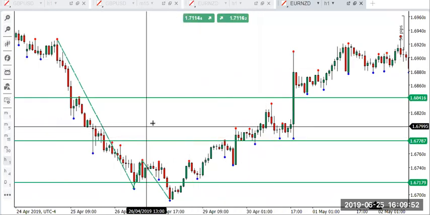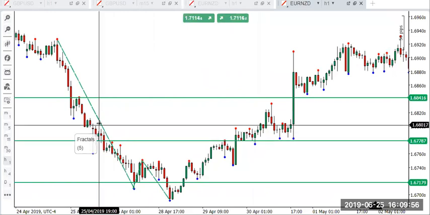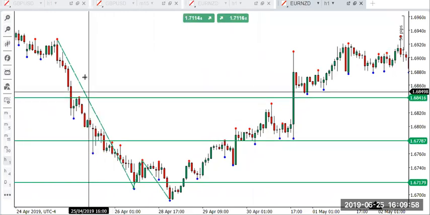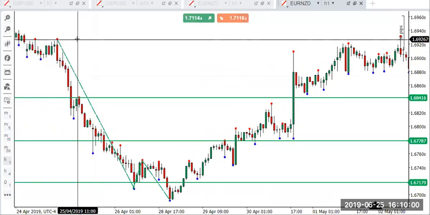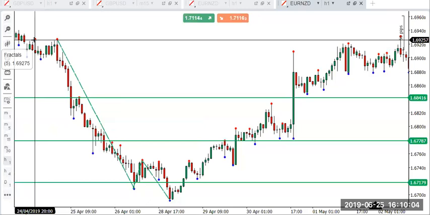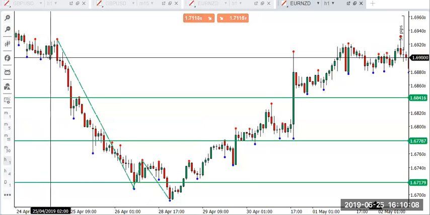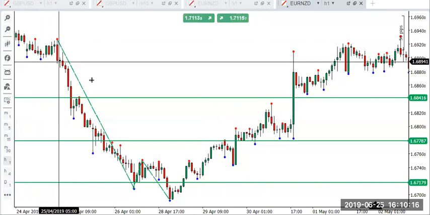We know that based on this breach, the price is probably heading to this high or higher here. But in order for it to go to this high, it probably has to close above these lows right here. And I watch those lows. When the price is having trouble staying above those lows, we have problems.